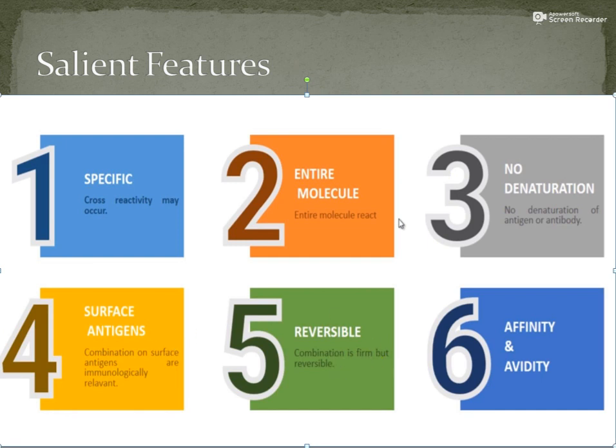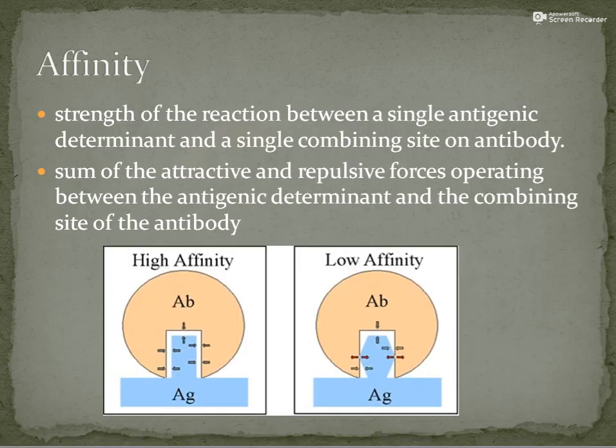Now let's explore the features of affinity and avidity. Affinity refers mainly to the strength of the reaction between a single antigenic determinant and a single combining site on an antibody. The attractive as well as the repulsive forces operating between the antigenic determinant and the combining site of the antibody are also referred to as affinity. Consider this case.